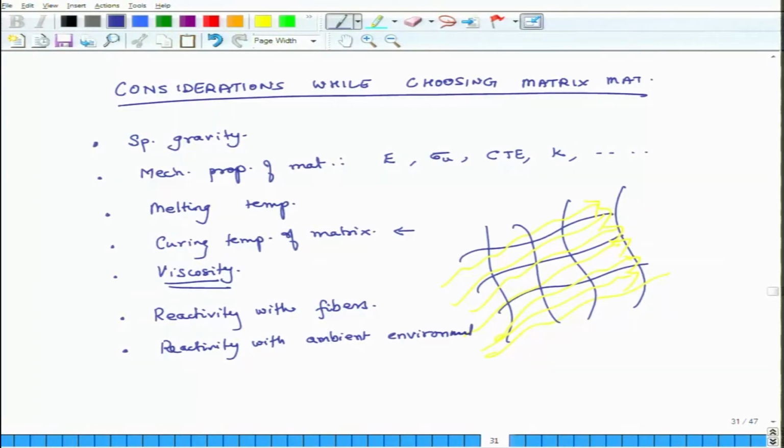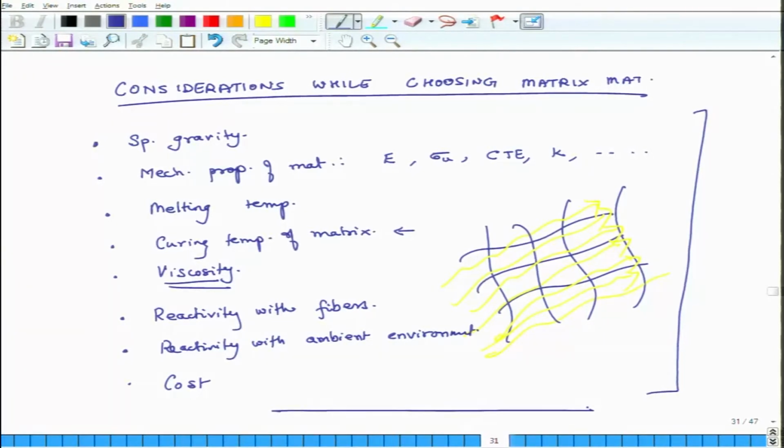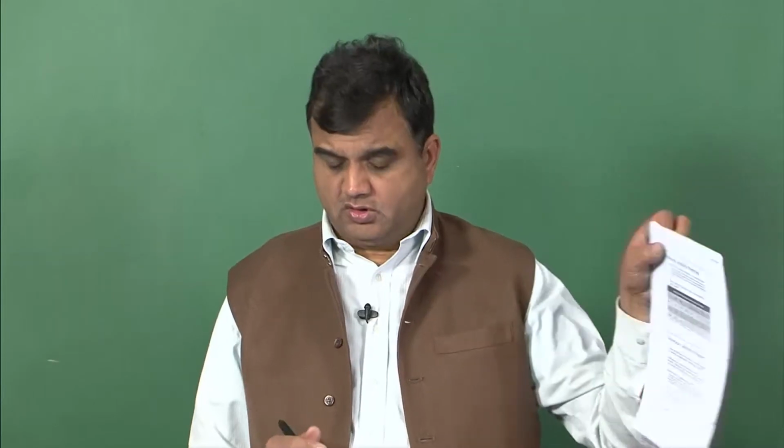It could be that you are going to use your composite in seawater, so you have to make sure that your matrix does not react with seawater, or in air or in nitrogen, whatever. And then of course, the last and very important thing is cost. So, these are some of the very important considerations when we are discussing matrix materials, and I hope it gives you an overview of what the whole world of matrix material looks like.